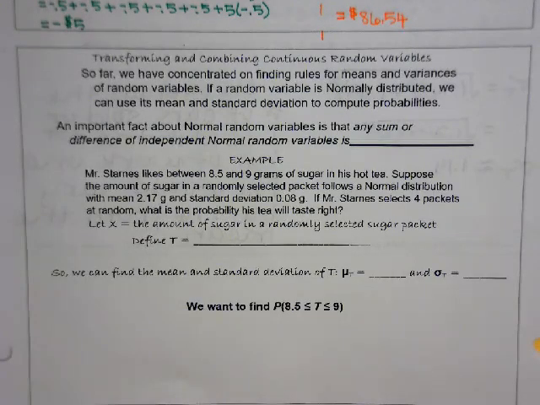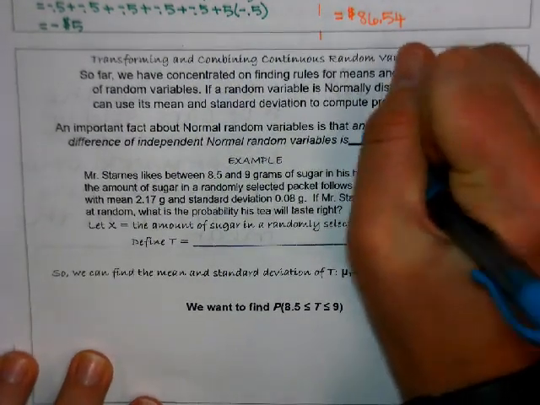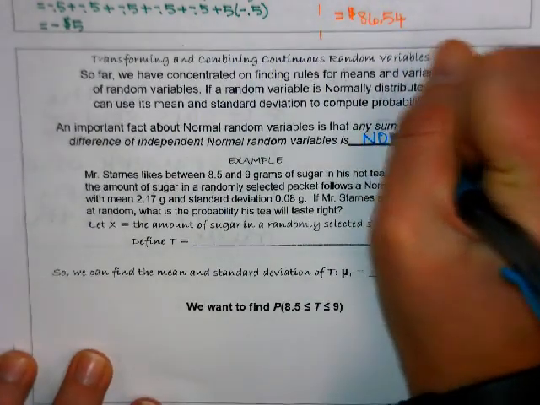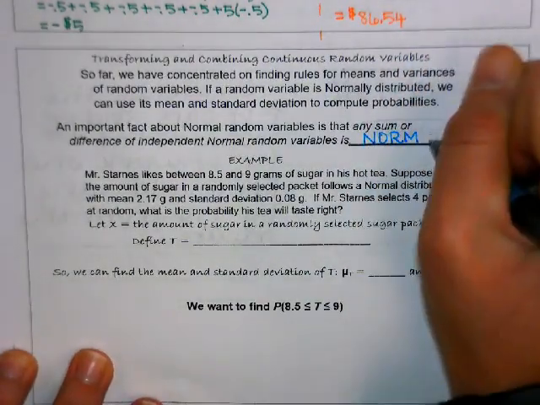So if your first variables you were looking at were normal and you add them together, it's still going to be normal. If you subtract them, still going to be normal. And that's important because then it allows us to draw our normal curve, use our calculator function normal CDF to find the answers.